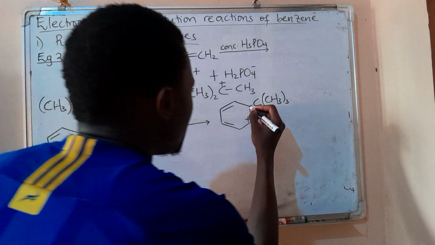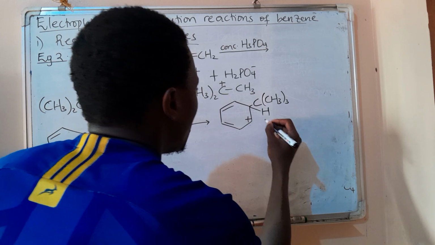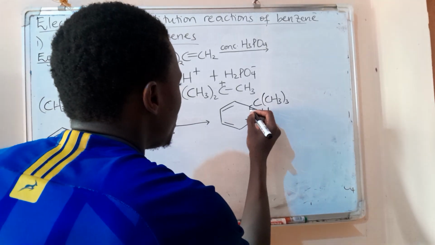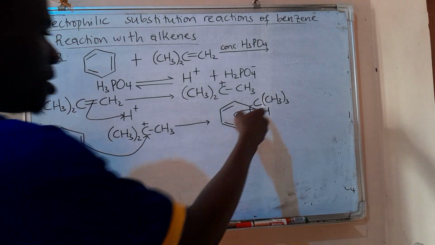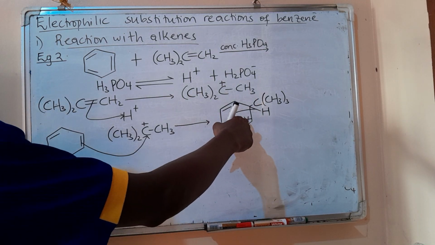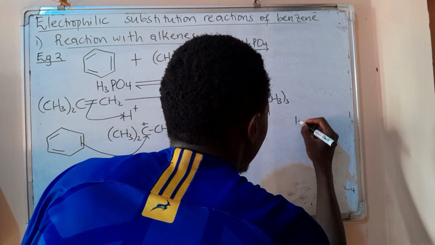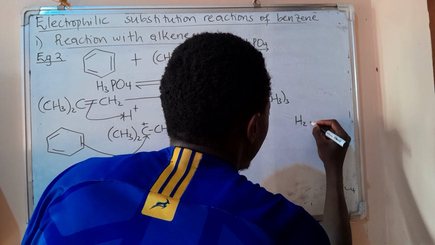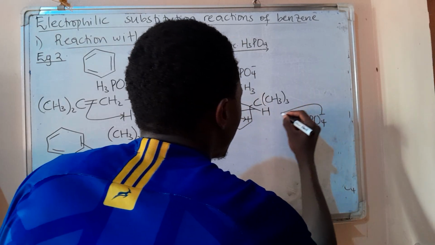Then there is a silent hydrogen there. So we can donate electrons and lose this hydrogen as a way of stabilizing that carbon. So since it is electron deficient, we have taken electrons and donated them to this carbon. We can bring the hydrogen phosphate. Hydrogen phosphate is electron rich.